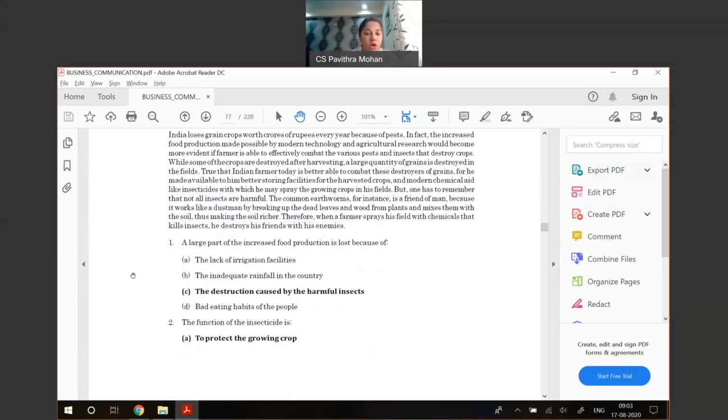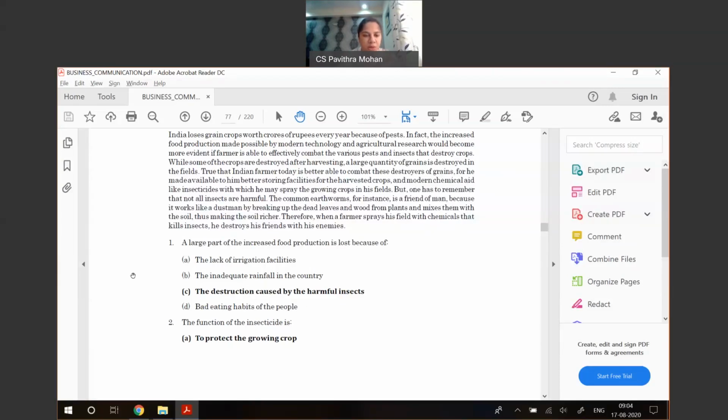While some of the crops are destroyed after harvesting, a large quantity of grains is destroyed in the field. True, the Indian farmer today is better able to combat these destroyers of grains, for he has made available to himself better storing facilities for the harvested crop and modern chemical aid like insecticides with which he may spray the growing crop in his field.